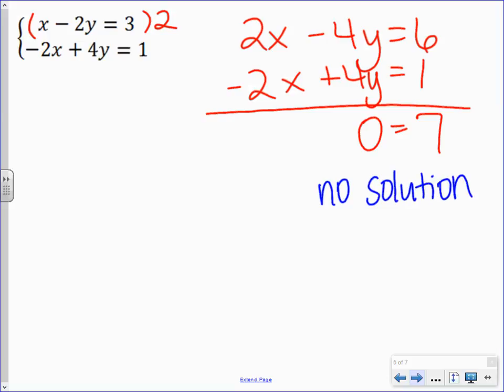Which means what about those two lines? They're parallel. They will never cross. If these two are the same line, then this would have been 0 equals 0 for our elimination. If you were using substitution, you probably would not have gotten these exact same numbers, but you would have gotten an untrue statement telling you that it was no solution.